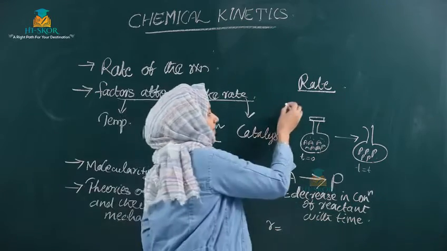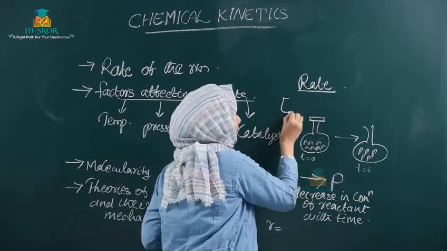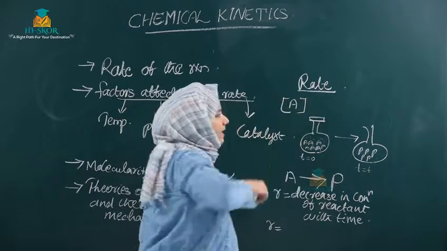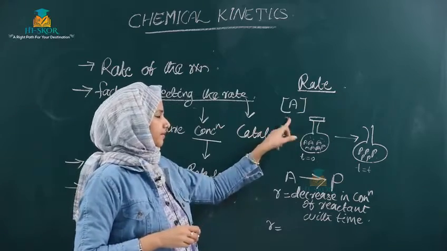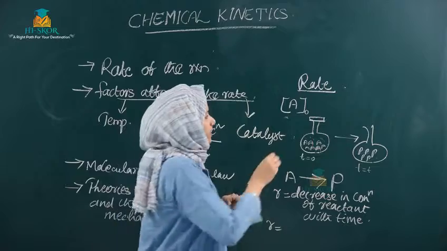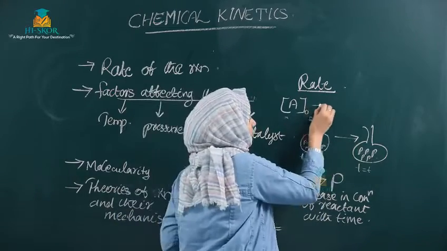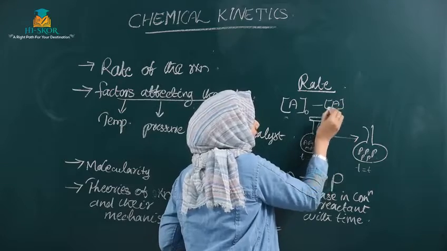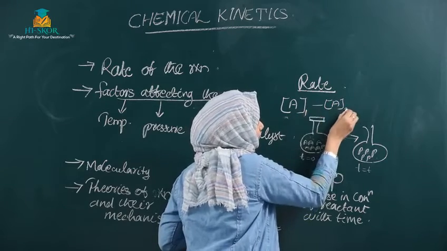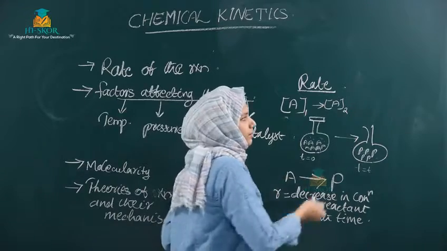Usually concentration is represented using a square bracket, so this means concentration of A. Let A0 be the initial concentration, and after 5 seconds let it be A1, then after another 5 seconds let it be A2. So the change in concentration, how will you write?